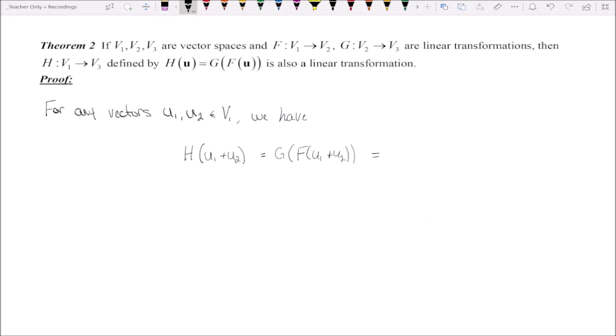Right, but this will give us g of f of u1 plus f of u2. Notice that f of u1 and f of u2 are both in V2, because f maps from V1 to V2.